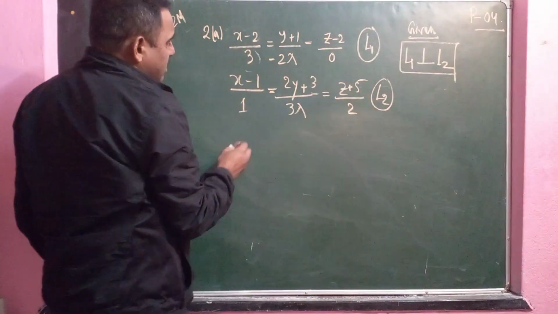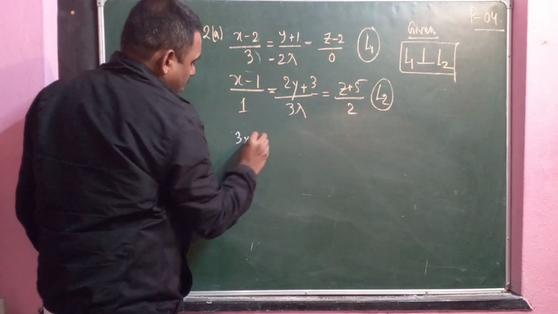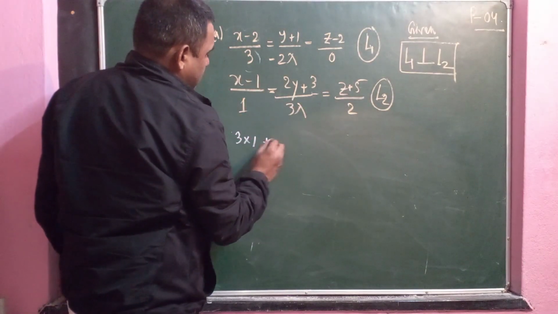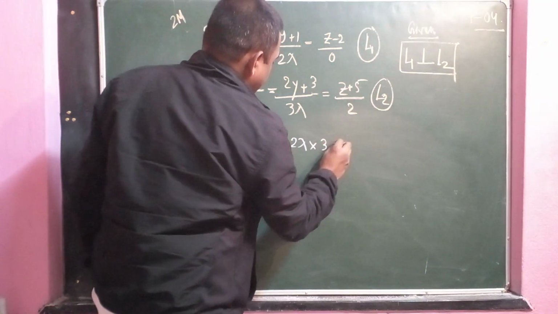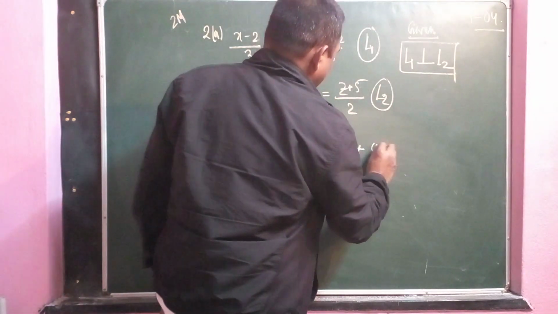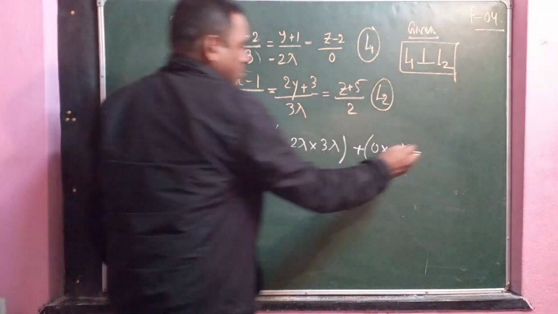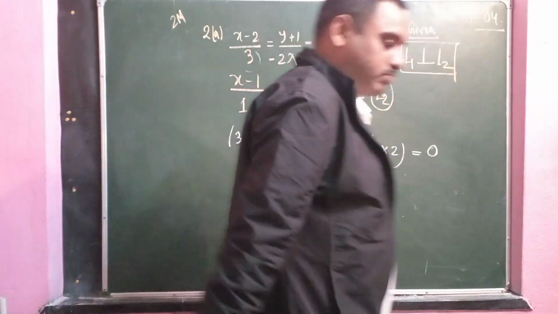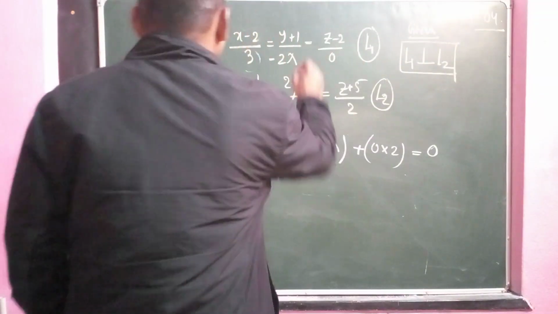The corresponding direction cosines will be 3 into 1 plus minus 2 lambda into 3 lambda, plus 0 into 2. The corresponding direction ratios multiplication will be 0. Yes, 3 lambda, not minus 3 lambda.